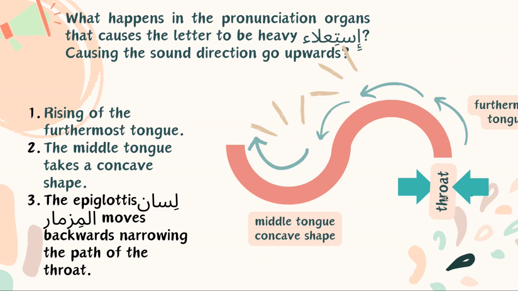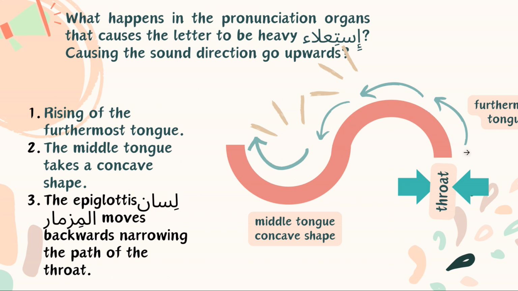So what happens to the sound? Imagine the sound is coming from here, and then it just flows upwards, and it finds the rear tongue, the furthermost tongue, upwards, okay? It's this shape.